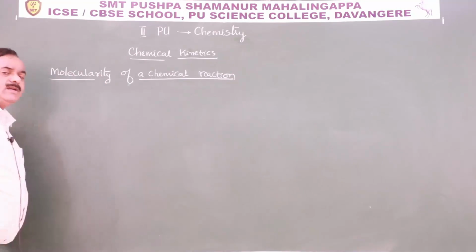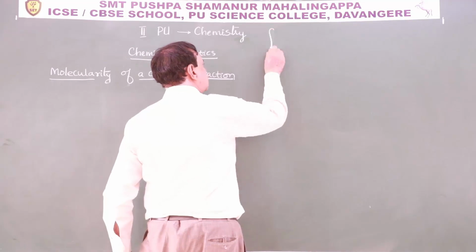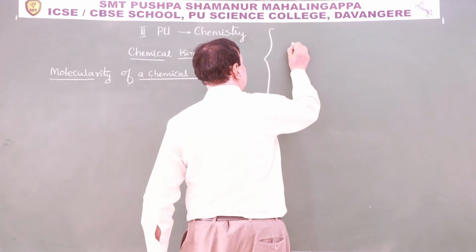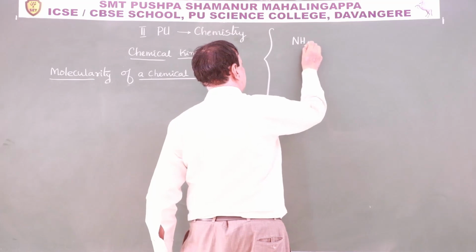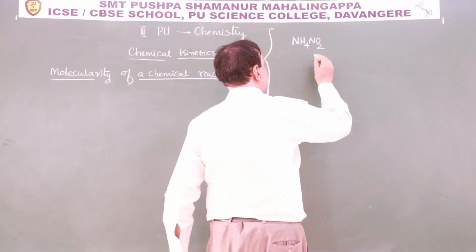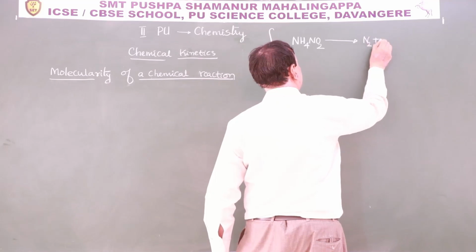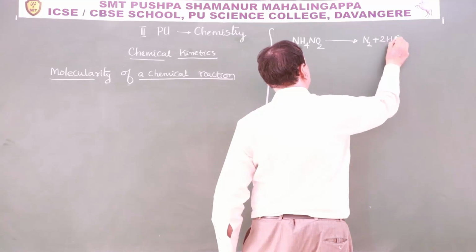Molecularity of a chemical reaction. Consider a chemical reaction. I mentioned a few examples. For example, ammonium nitrite, on heating, decomposes to give nitrogen and water molecules.